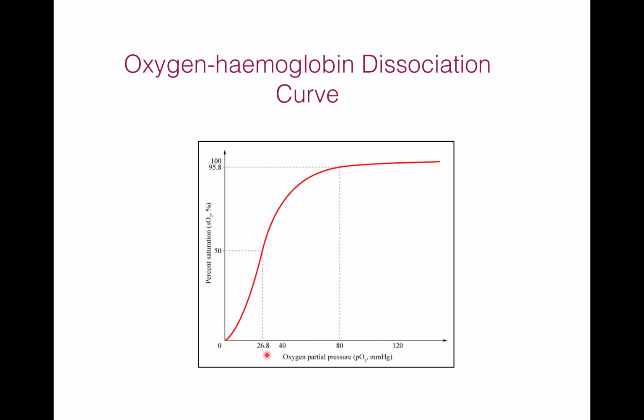And there is 95.8% saturation at 80 mmHg oxygen partial pressure. So a normal oxygen dissociation curve is sigmoid.